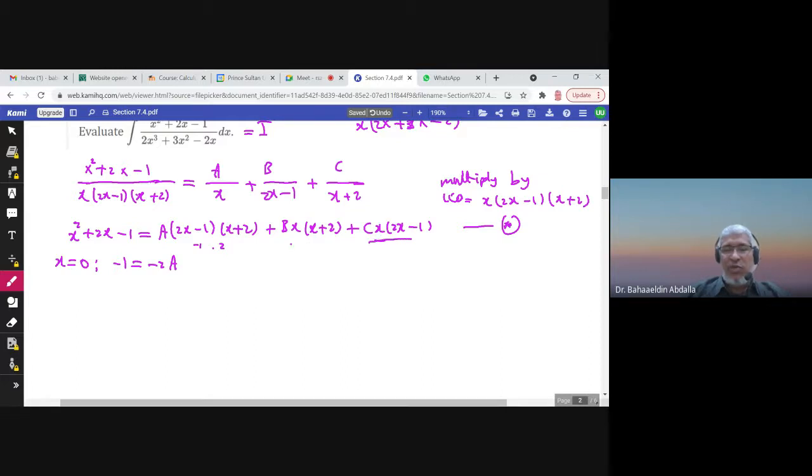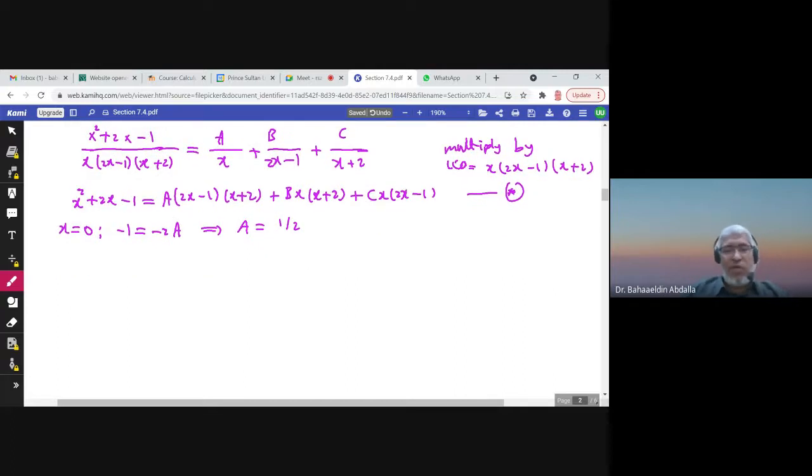These two terms would be cancelled, and I'll have just negative 2a equals negative 1. When I solve this equation for a, I divide by negative 2, so a is half. So I found a quickly.